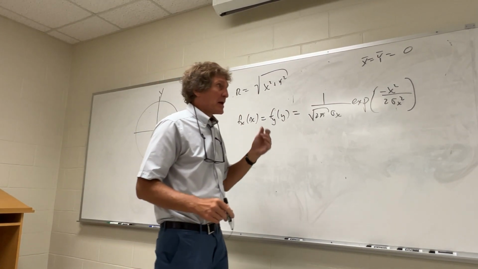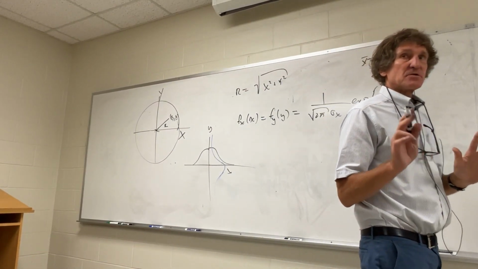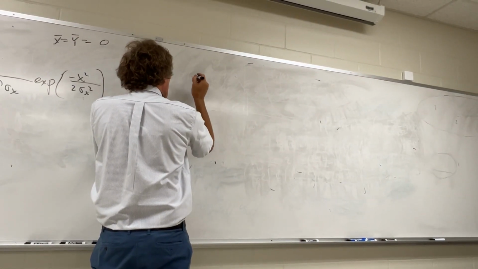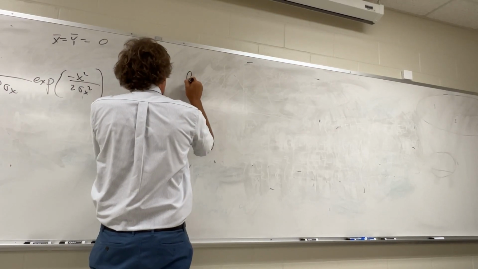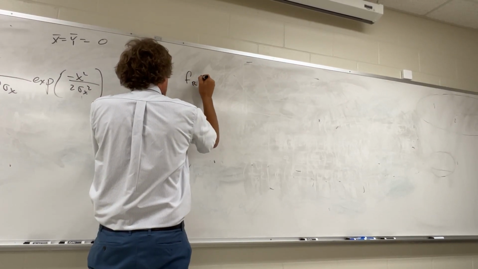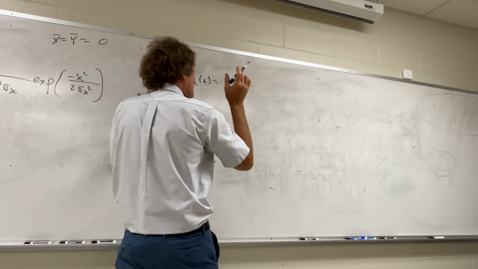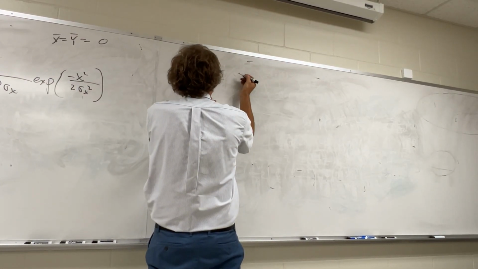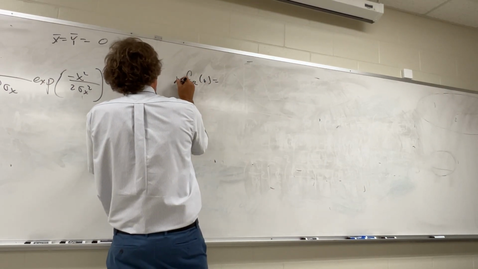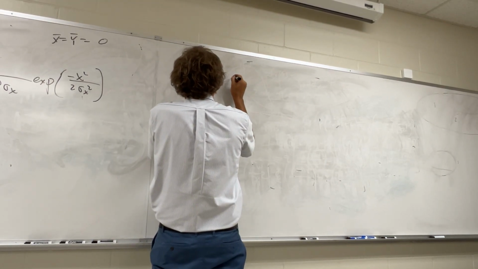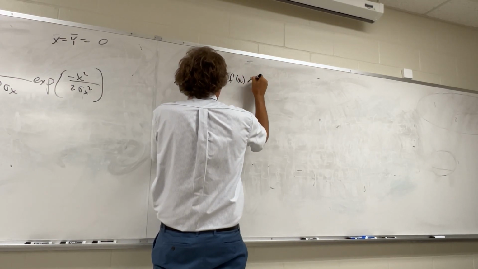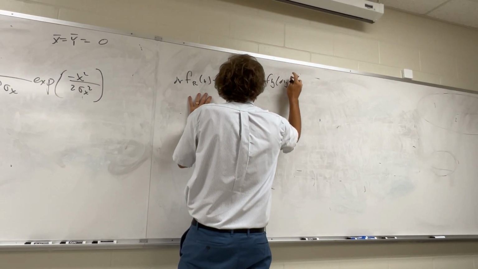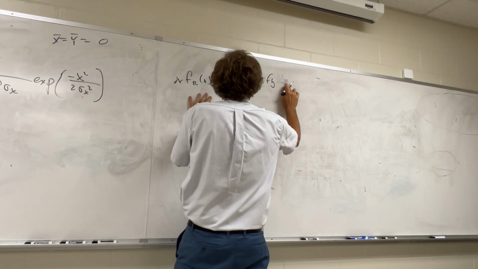Now, usually the way they do this, and I'm going to say there are two routes to this one. Normally, and you don't need to remember this, if we wanted the density function for r, f of r of small r, what we'd have to do is find the density function for f of x. If you think about this, f of r dr here is going to be f of x dx plus f of y dy, pardon me.